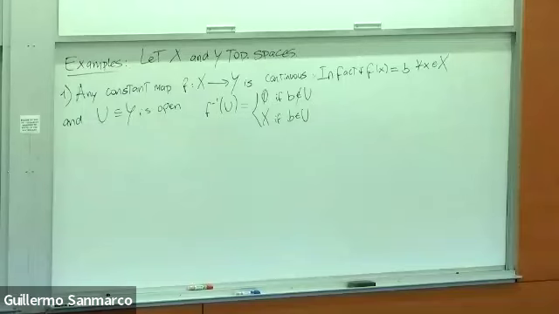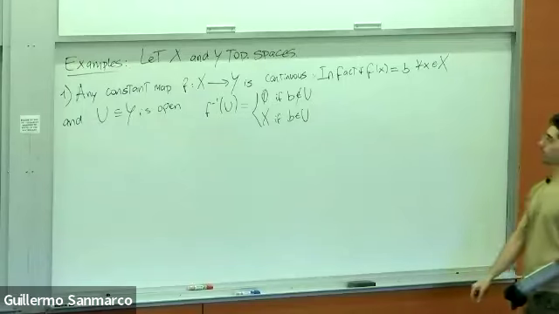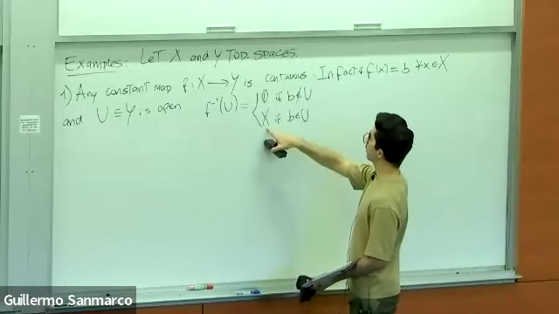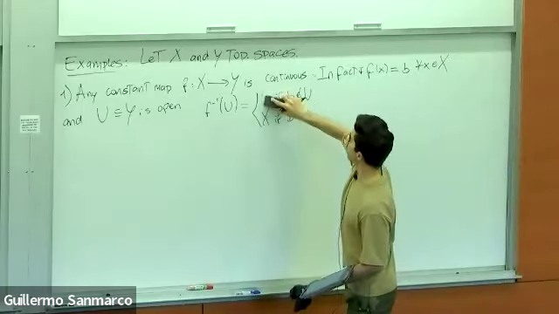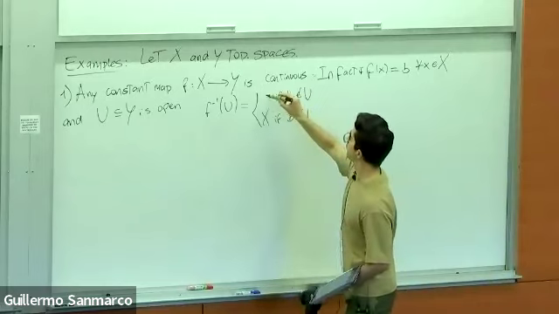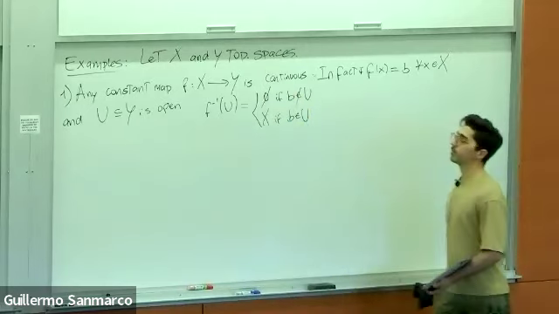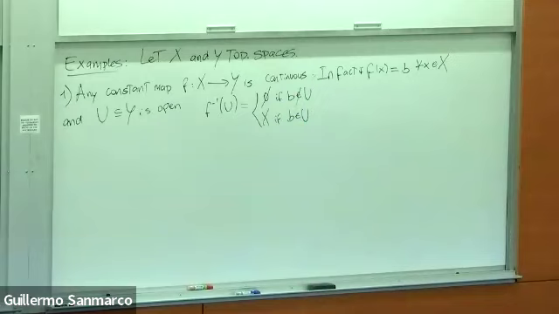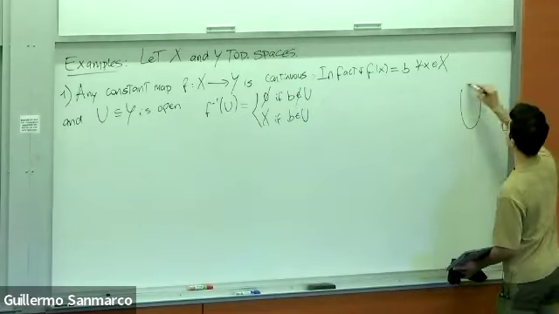Why does B have to be in U? Right, if B is not in U, the preimage is empty. Maybe we can draw that.